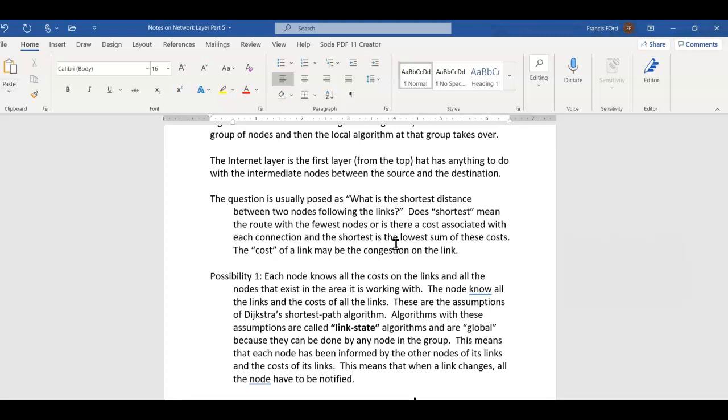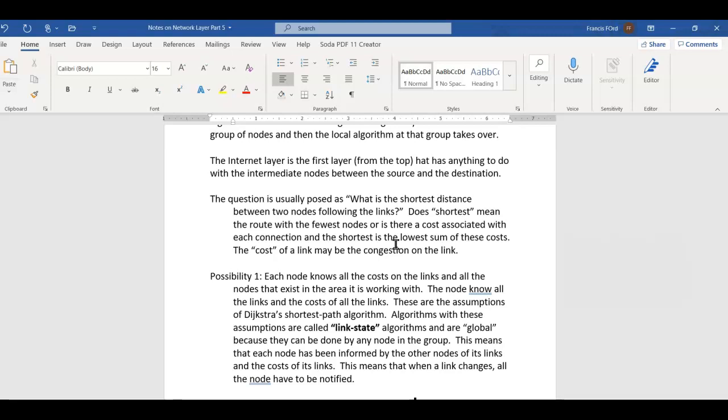Now, if you think back, I suspect most of you have seen at some point an algorithm called Dijkstra's shortest path algorithm. This is one of the most famous algorithms in computer science. And basically it is an algorithm that says, I know everything about the network.